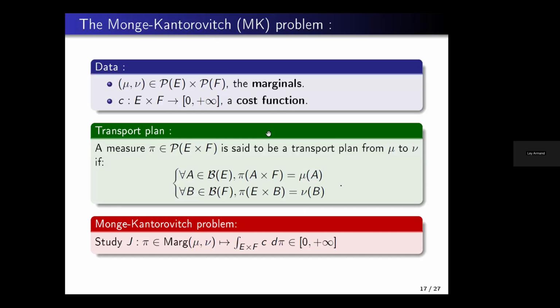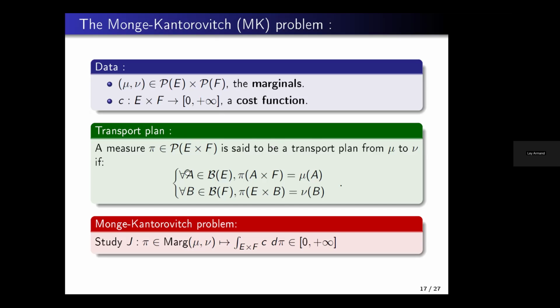how can we present this problem? This problem is called the Monge-Kantorowicz problem, and can be presented as follows. You have two measures, the marginals, mu and nu, and you have a cost function, let's say, that takes a positive value. The admissible solutions for the Monge-Kantorowicz problem are called transport plans. And we ask that the marginal constraints given by this equation are verified.